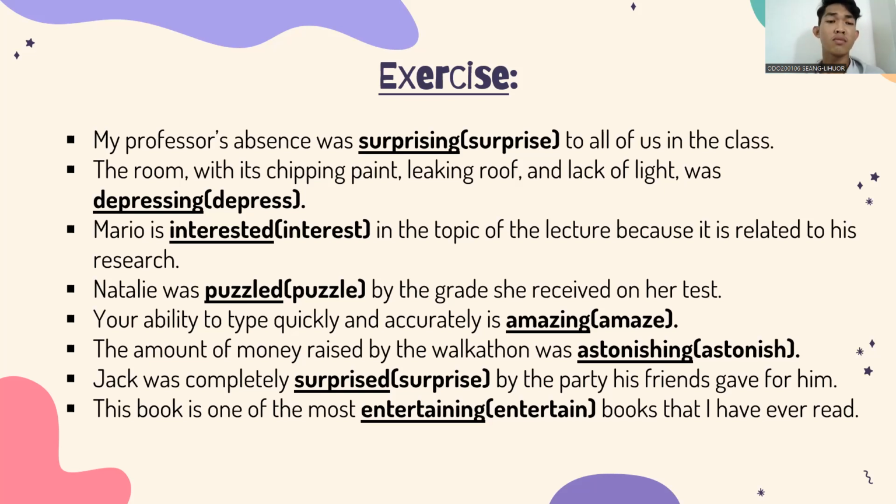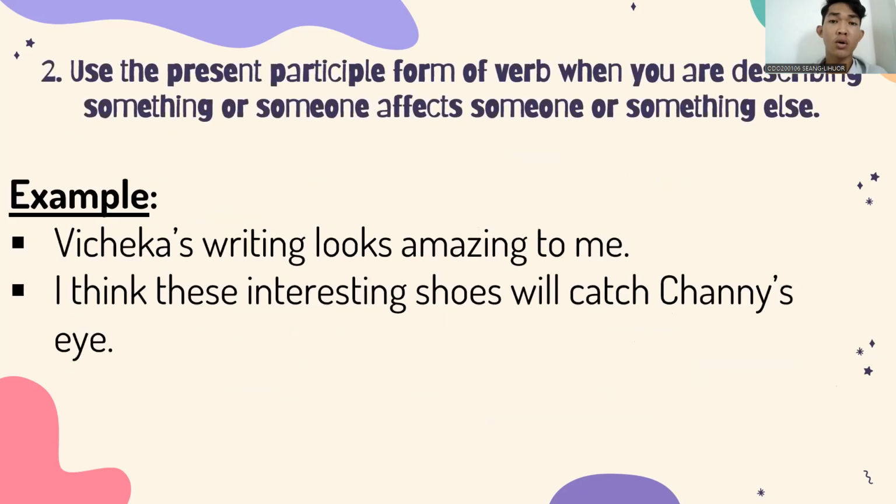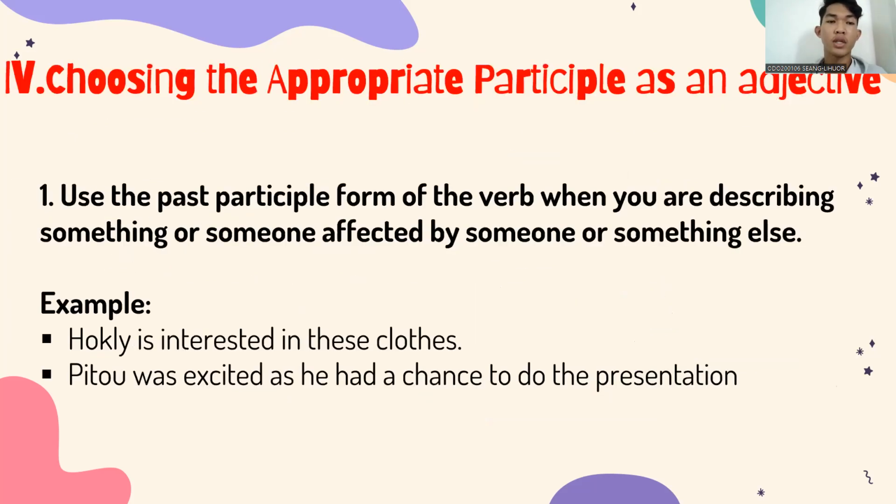So I don't want to explain another exercise because they're all the same and I don't want to waste any more time. All I want you to notice is that when you use the past participle, something or somebody was affected by something or someone else.